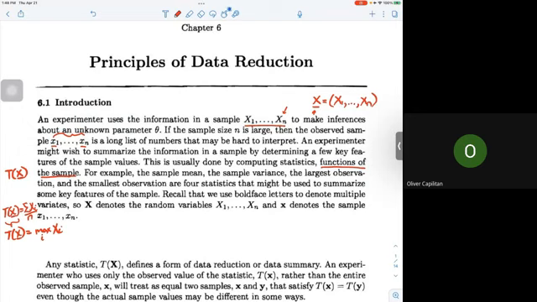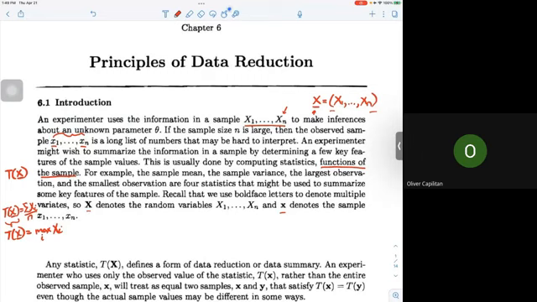So this denotes the random variables X sub 1 up to X sub n. It can also have parentheses. And then the realized value of this vector is also a bold small letter x, which denotes the sample, X sub 1 up to X sub n.